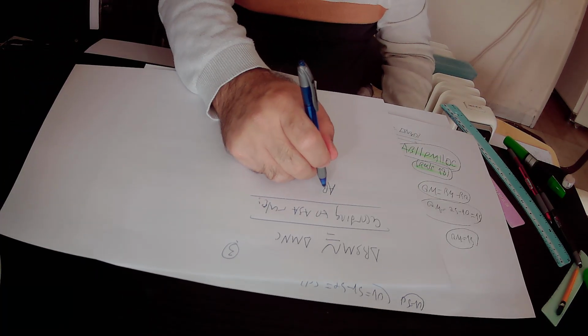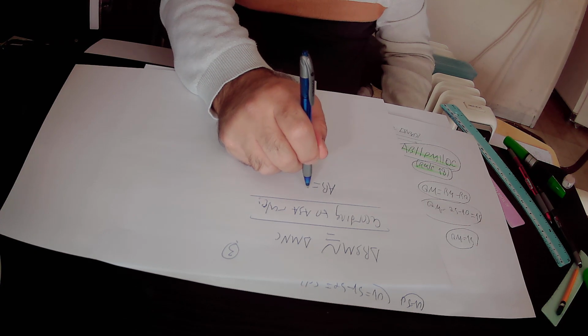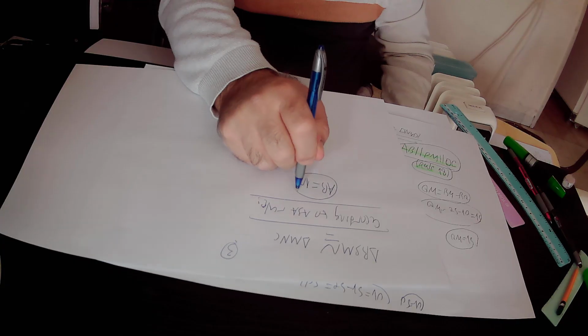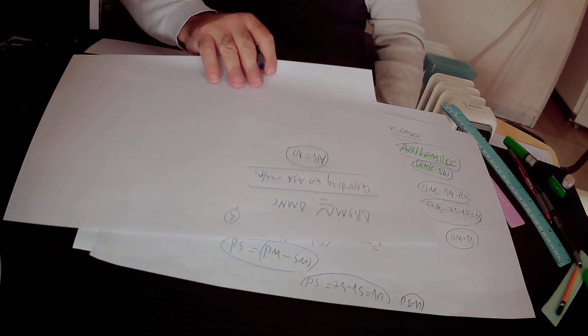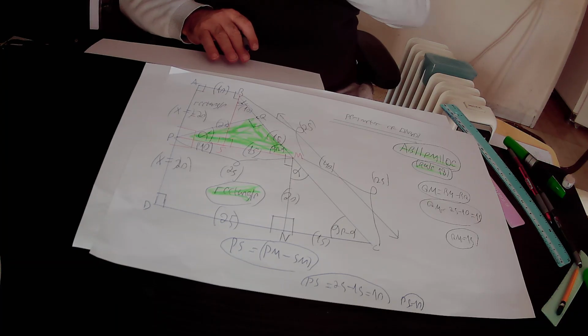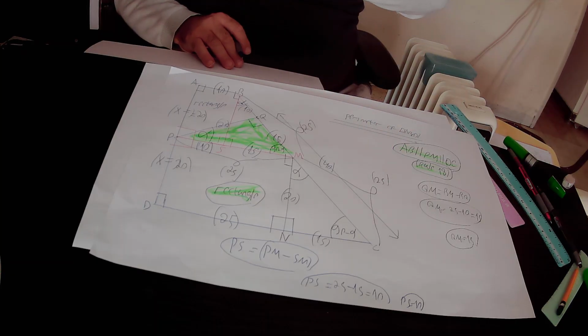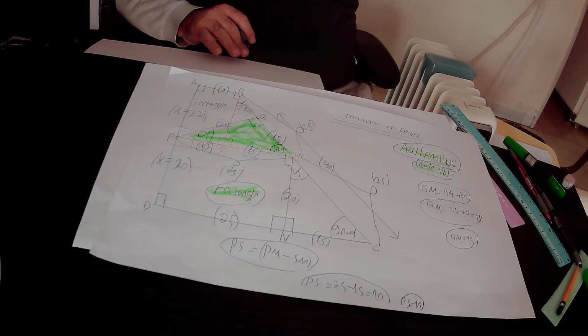So we found out in the second method that AB must be equal to 10 units in its length. So the answer to the question is that the perimeter of this quadrangle ABCD in total is equal to 140 units in its length. So we finished answering the first question.